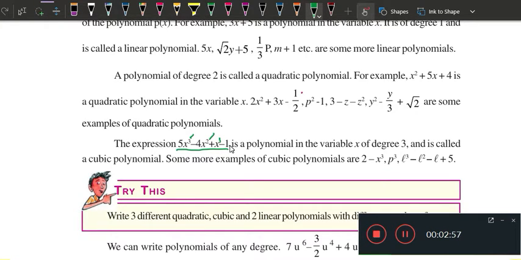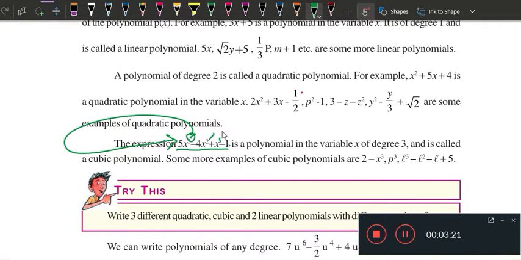Here the power of x is 0, the constant term. Already I have discussed with you. But which is the highest power of x in this polynomial? 3. So this 3 is the degree of this polynomial.